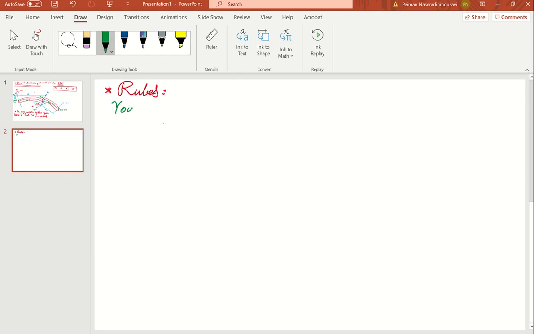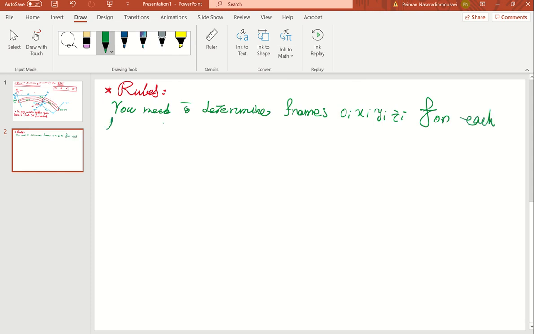First, you need to determine frames, or set up frames, meaning Oi, Xi, Yi, and Zi for each link. You have to do that. Now, how do we do it? This is right like this.